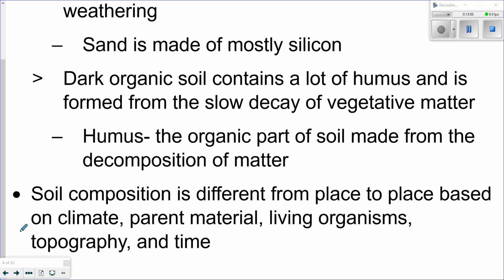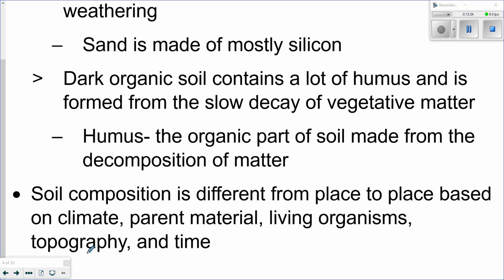The parent material, whatever the bedrock underneath the surface is made of, because that's what is broken down and weathered to create kind of the chemical basis for that soil. We can look at what living organisms live in the soil. If there's more living organisms that are breaking down material, it's going to be more rich in nutrients, which can give it different colors and things like that.